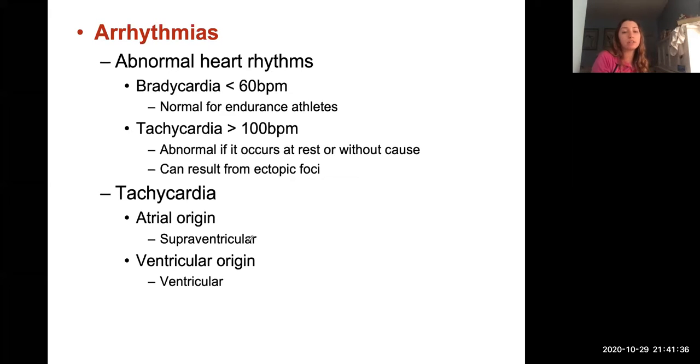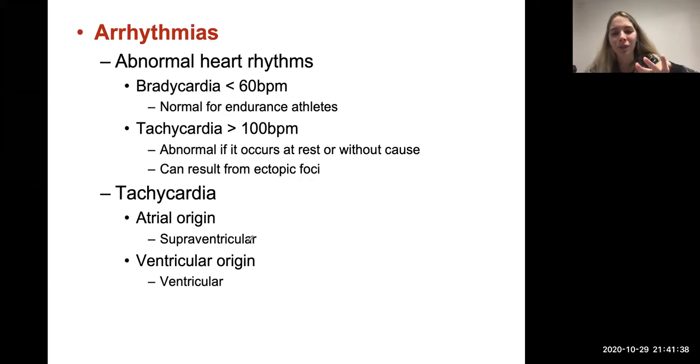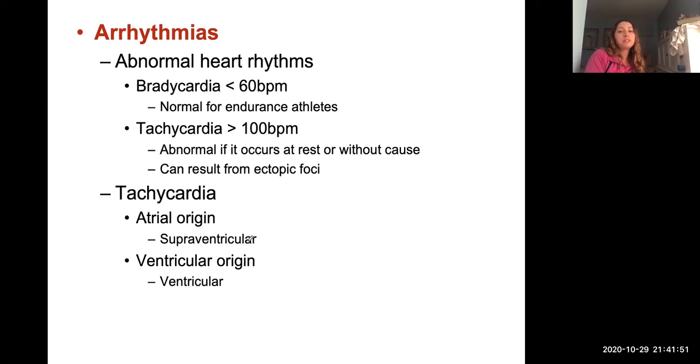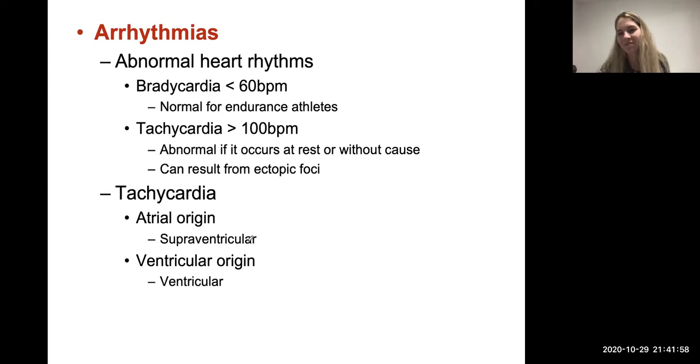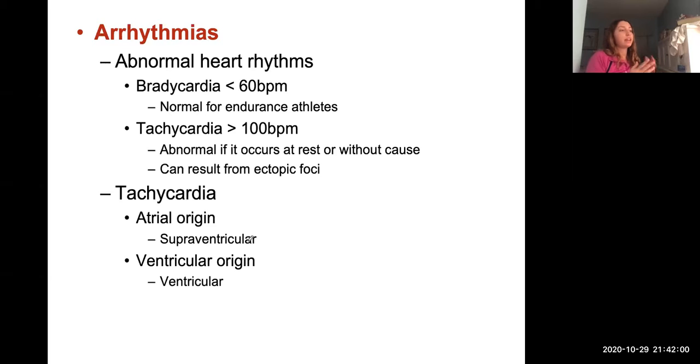I have a question before I keep being confused. When we're talking about 60 beats per minute, are we specifically talking about systolic or diastolic pressure? So the beats per minute is basically just the beats per minute, like when you listen to someone's heart, it goes dun dun dun dun, 1, 2, 3, 4.